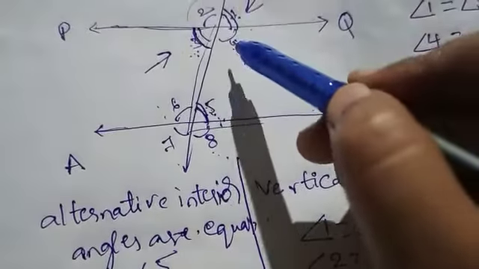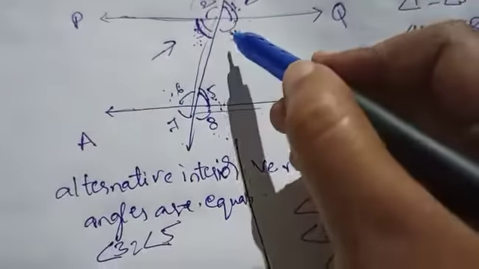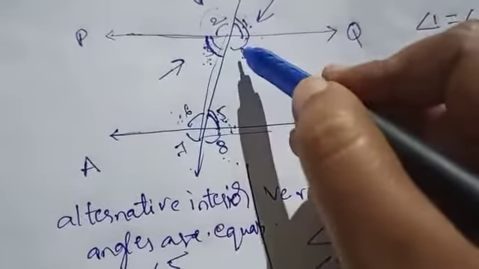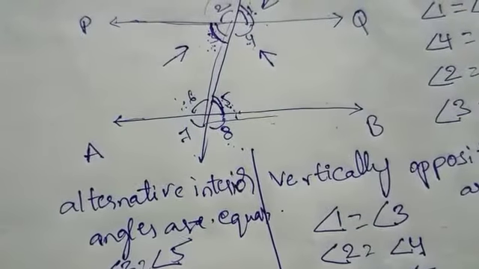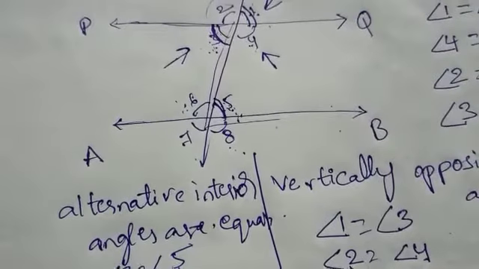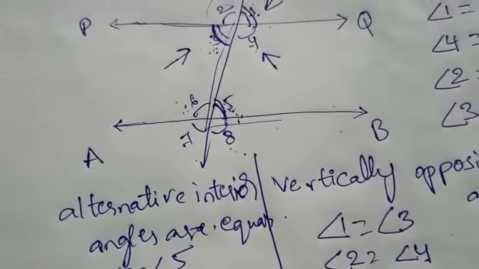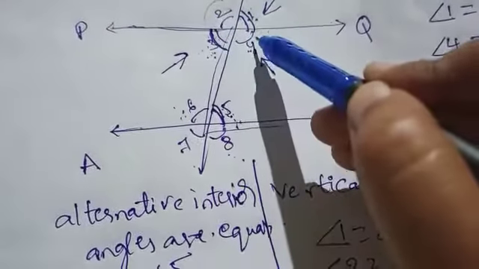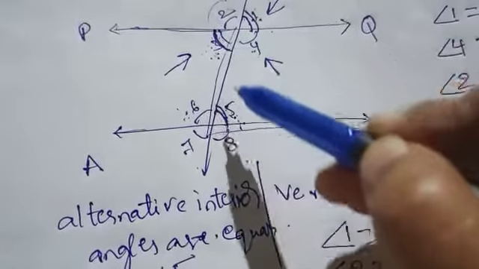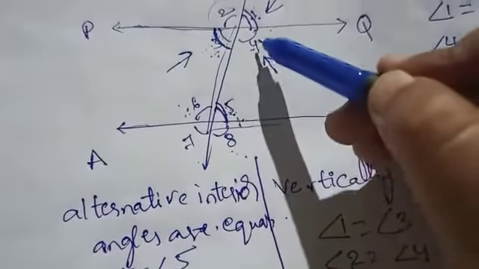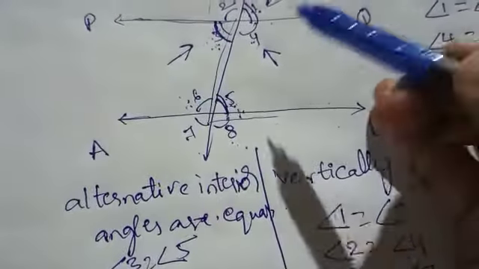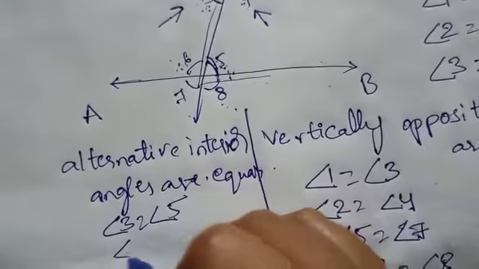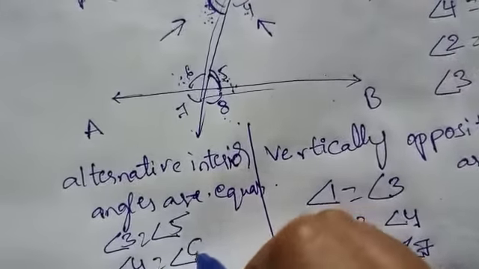In the same way, angle 4 equal to angle 6. Here 3, 4, 5, 6 are interior angles. Here we are talking about alternate interior angles. We skip one number: 3, we skip 4, so 3 and 5 are alternate interior angles. In the same way, 4 and 6 are alternate interior angles. So angle 4 equal to angle 6.